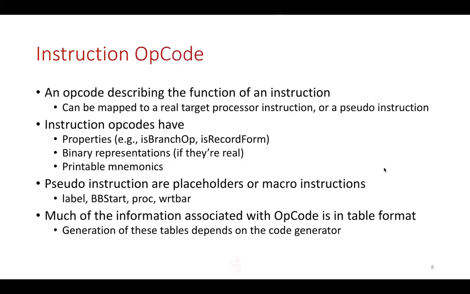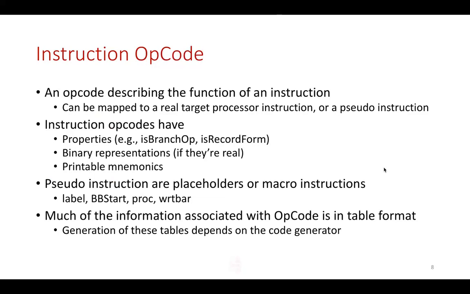Okay, so the opcodes. The opcode really describes the function of an instruction, and it is often mapped to a real processor instruction, so an add or a multiply or divide, something like that, or a call. But it can also be mapped to a pseudo instruction. These are things that won't actually get binary encoded, but they have special meaning in the instruction stream.